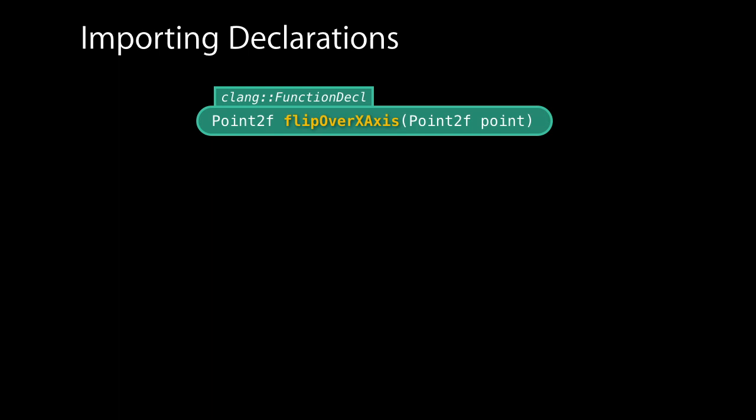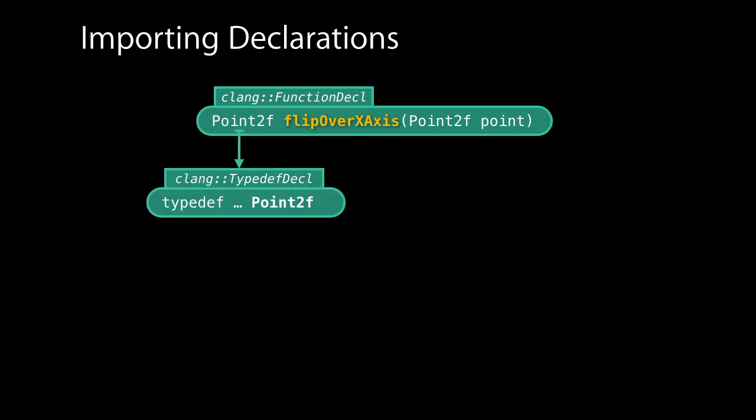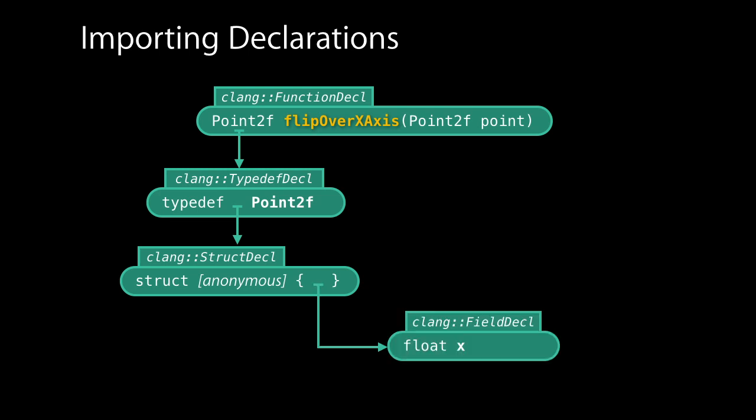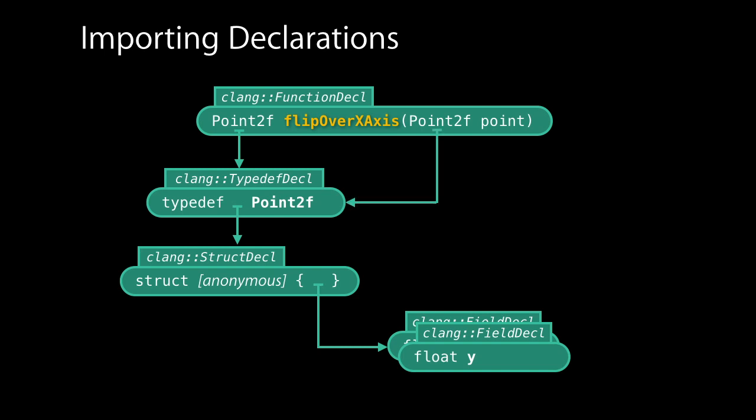I'm going to show you a simplified version of Clang's AST, the object graph of declarations and types for parsed C functions and entities. In this case, we have a function, and its return type refers to a typedef. And that typedef has an underlying type, which is a struct. And that struct has two members, the x and y fields. And then, of course, the argument to this function is also this same typedef.